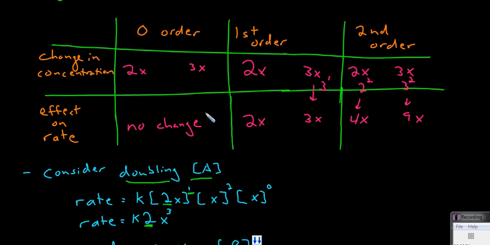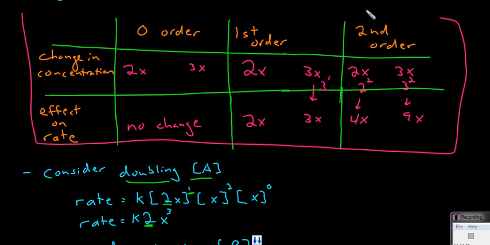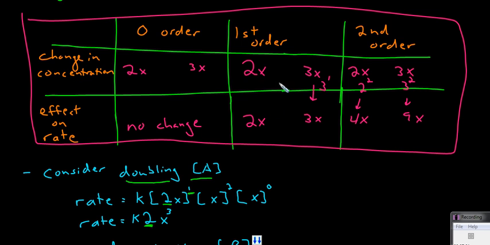And so this chart is really fundamental to solving our problems. So you'll want to memorize this. Just remember, 2 to the 0 power gives 1, or no change. 2 to the first power gives a linear change. Doubling the concentration doubles the rate.